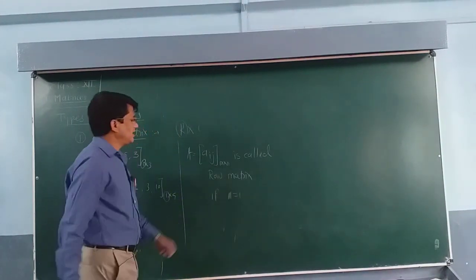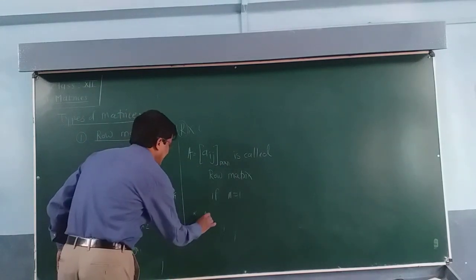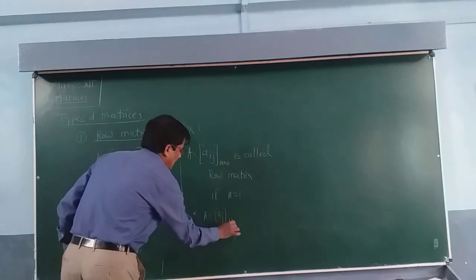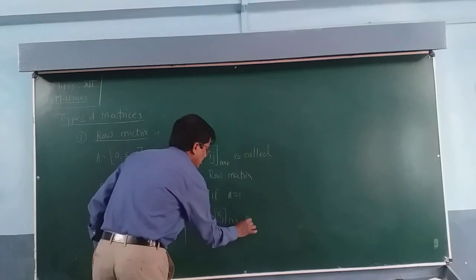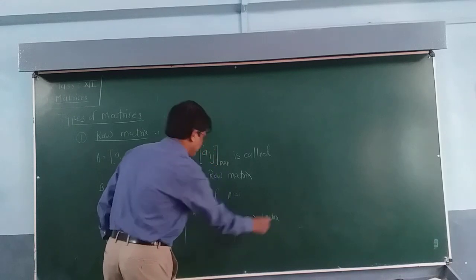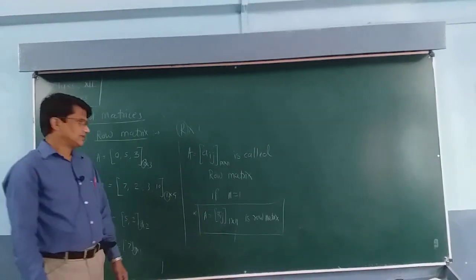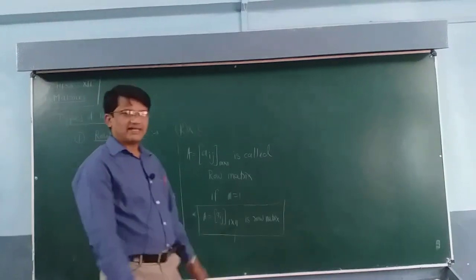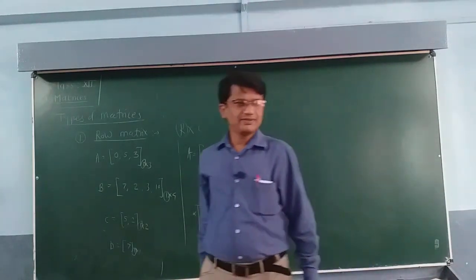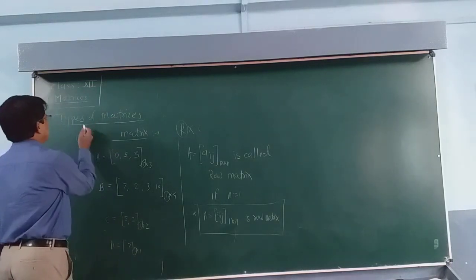If we put m equal to 1, then we get A equal to Aij of order 1 by n, which is a row matrix. This is about our row matrix, a very easy one. Let us take the second type, that is the column matrix, number 2.